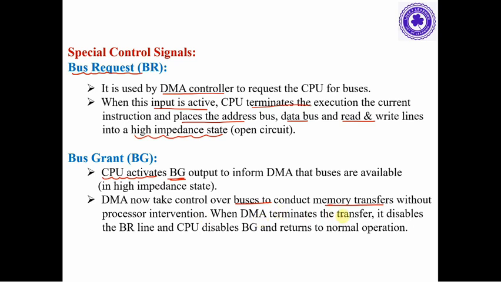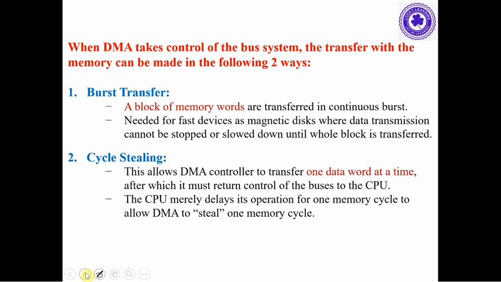When the DMA terminates the transfer, it disables the bus request line and the CPU disables the bus grant and returns to normal operation. Whenever the DMA controller takes the buses from the CPU, the transfer is done in two ways. One is burst transfer. What is a burst transfer? A block of memory words is transferred in a continuous burst.